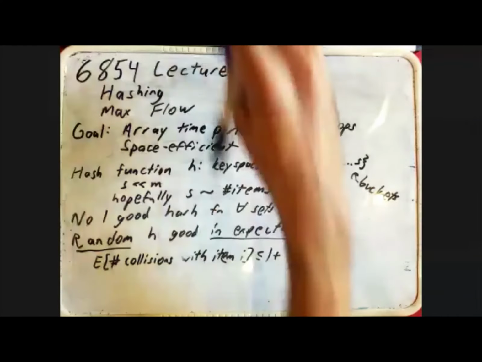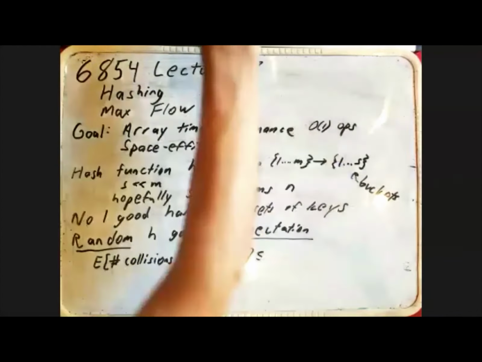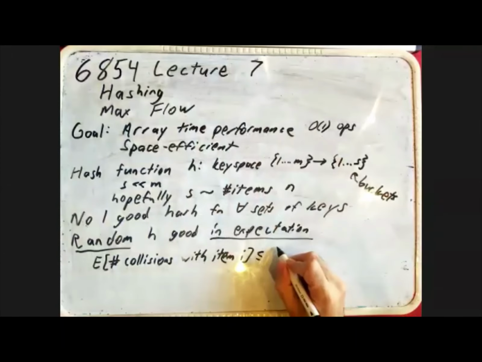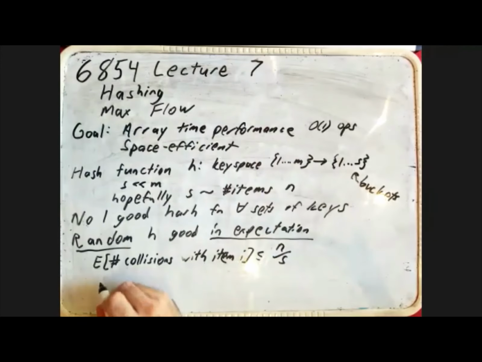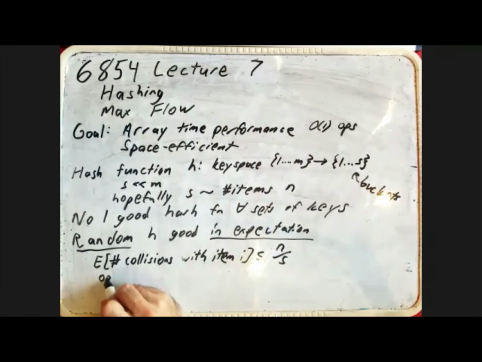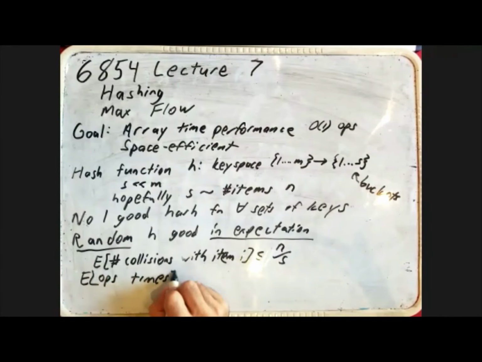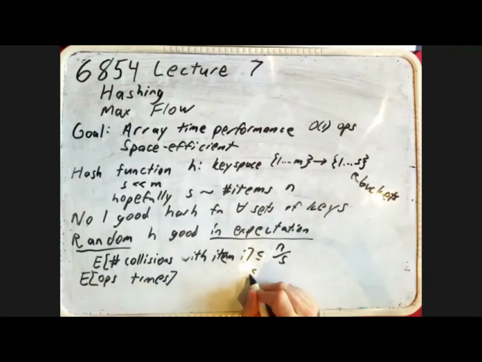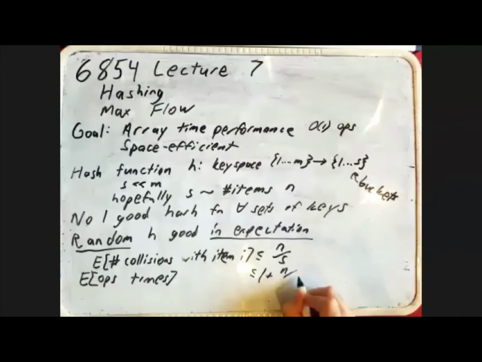Sorry, that's not needed in the definition of collisions, it is just the total number of items divided by the space that we're mapping into. And so that means that the operation times in expectation is at most 1 plus n over s.